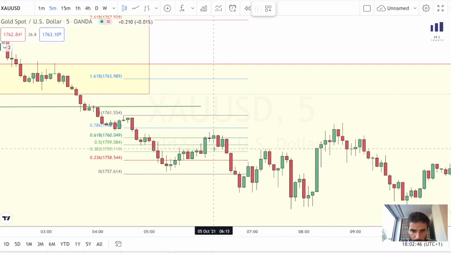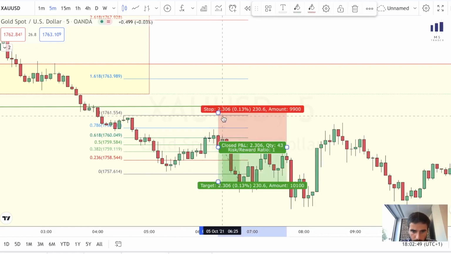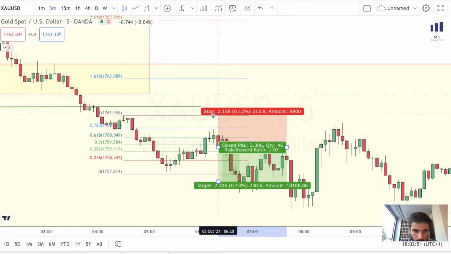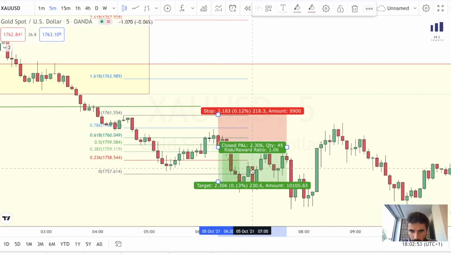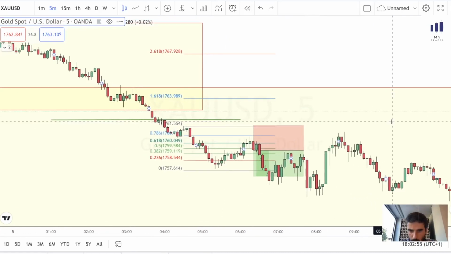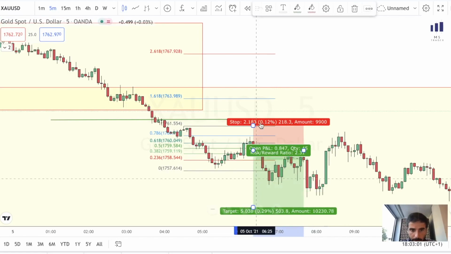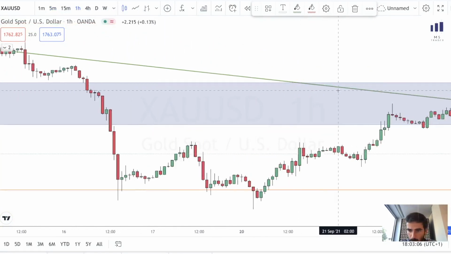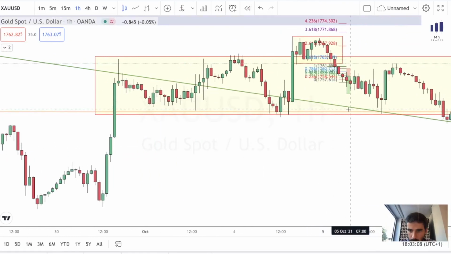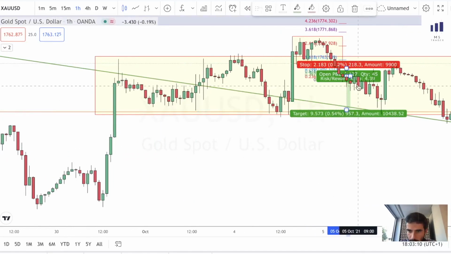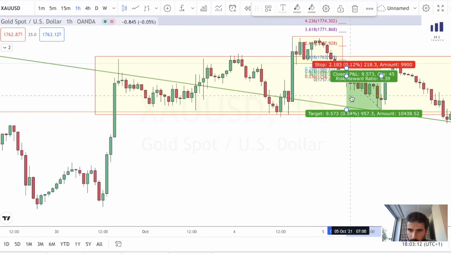I took a short position with a stop a little bit above, because we are on a 5 minutes time frame, so it's very volatile, and take it to the end of our box, to the bottom. It would be around here, a little bit above.